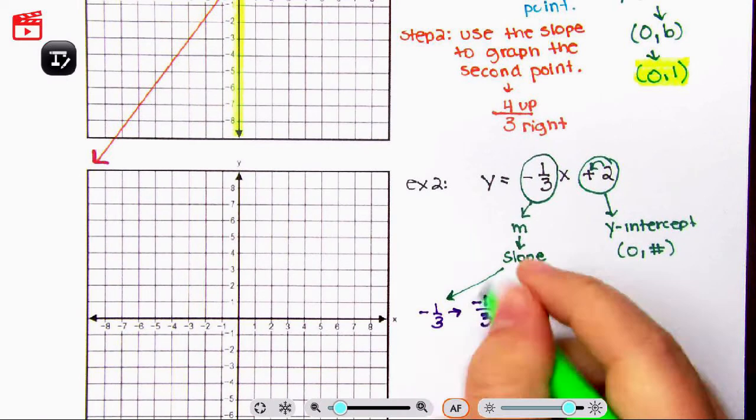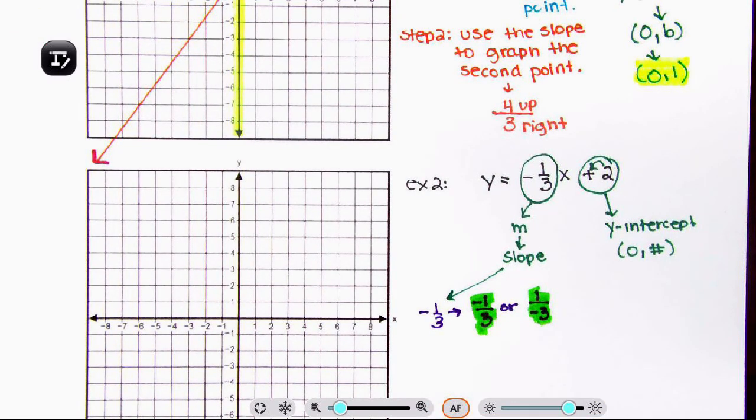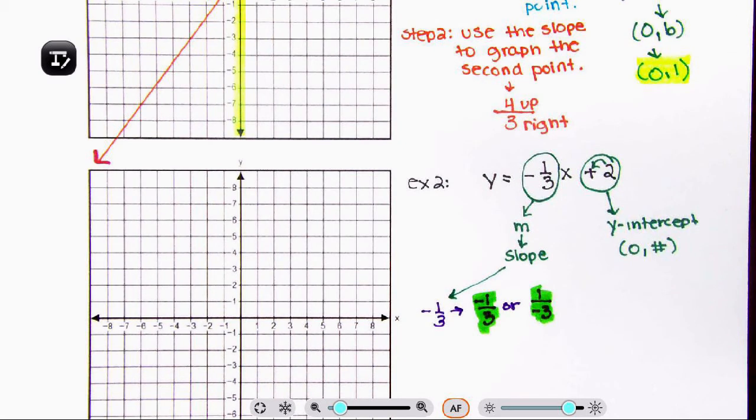This is negative 1/3, or you can do 1 negative thirds. It is okay. I usually recommend writing it just like you're saying it, but sometimes you run out of space, so you have to switch it to the other one. It's your choice. So negative 1/3 is negative 1 and then thirds.